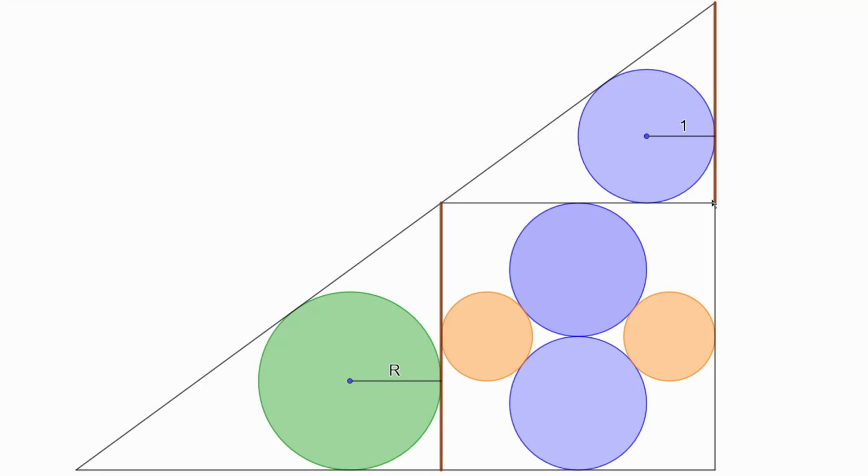So I already have a lot of information, so all I need is to somehow calculate this height, and I will basically be golden, because this height divided by this height is the same as this radius divided by this radius, and that's all I need to solve this problem.